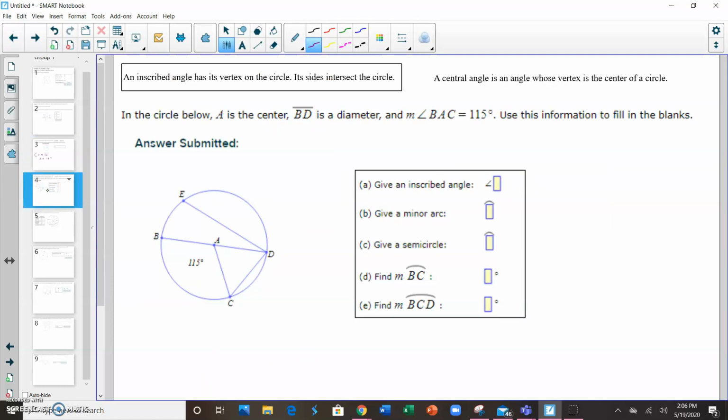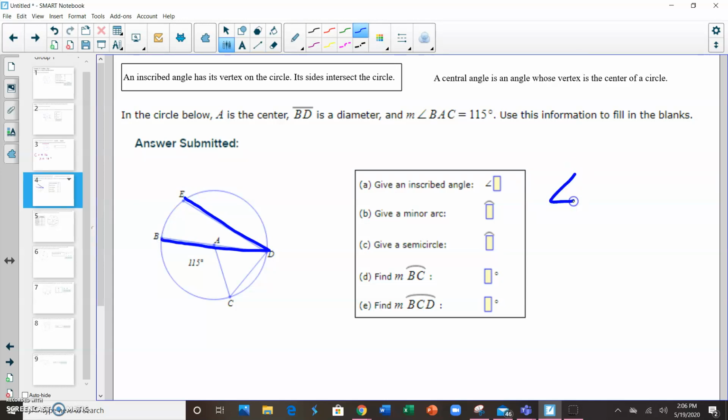Okay, next, now here's some new stuff. First of all, an inscribed angle. What is an inscribed angle? An inscribed angle has its vertex on the circle, and its sides intersect the circle. So this right here would be what's called an inscribed angle.